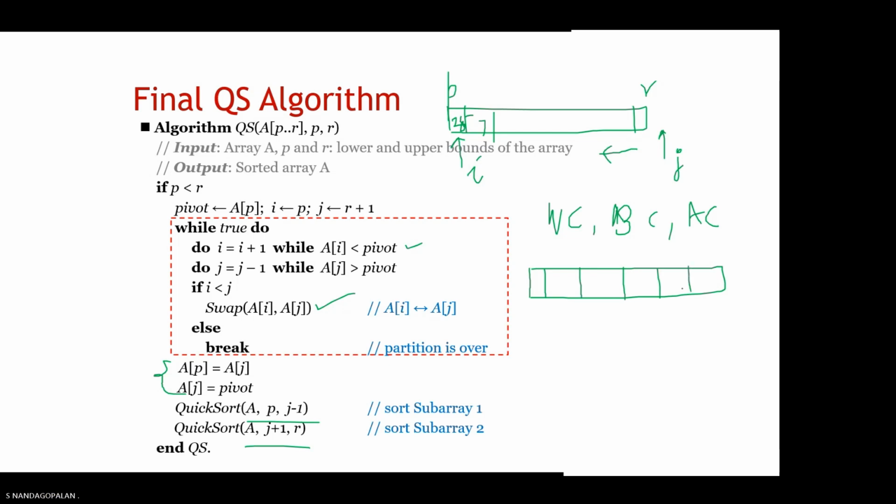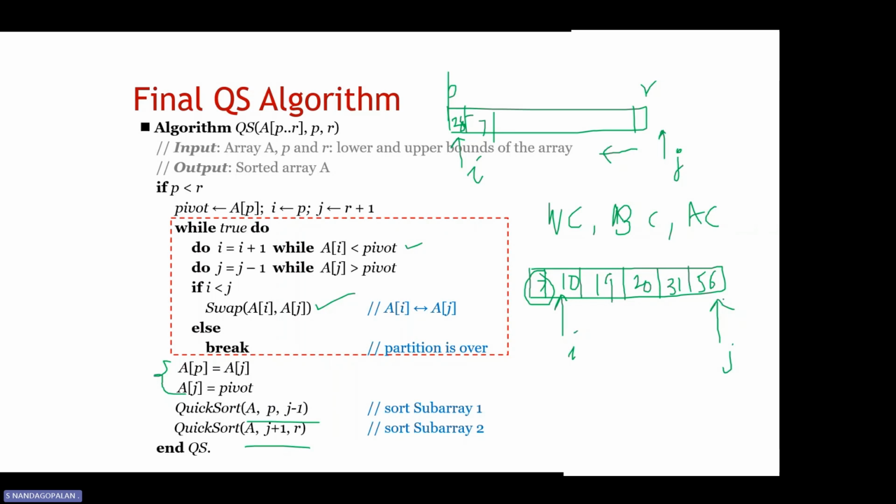Let's take 7, 10, 19, 20, 31, 56. Elements are already sorted. So I have my pivot 7, I have my I here and J here. I will not move, correct? Because the element pointed by I is greater, it's not less.